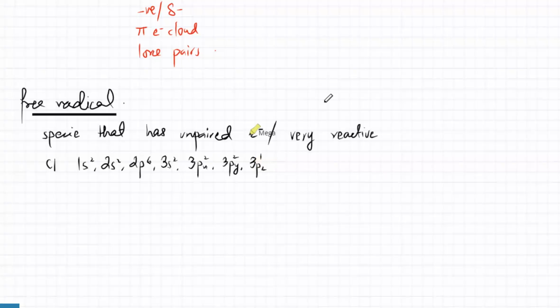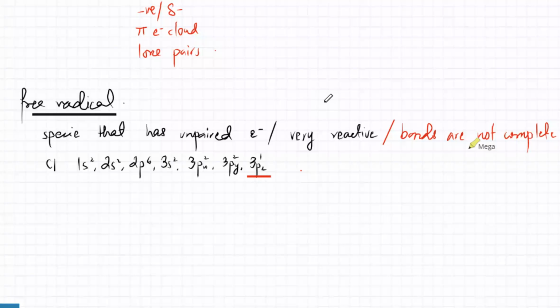So what this means is that there's a p orbital that is unpaired. It needs electrons. So its bonds are not complete. It needs to bond with something. So that is what a free radical is.